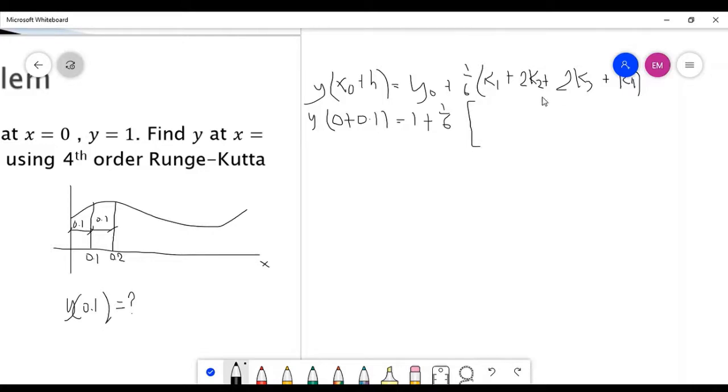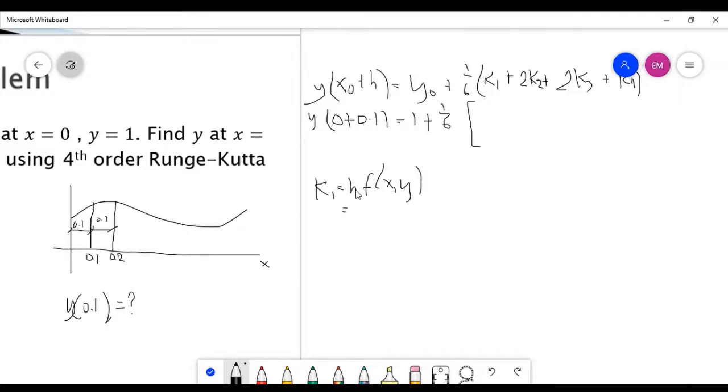So, right now, we don't have a value of K1 yet. However, from, again, the given formula, your K1 is equal to the interval h times the function of your x and y, where your x and y are the original ones. It just so happens that your f is simply the summation of your x and y.